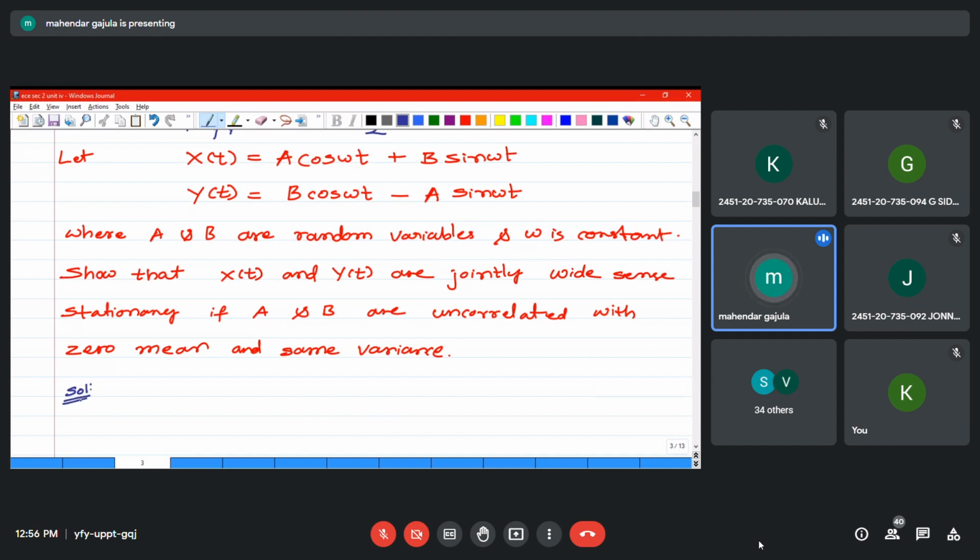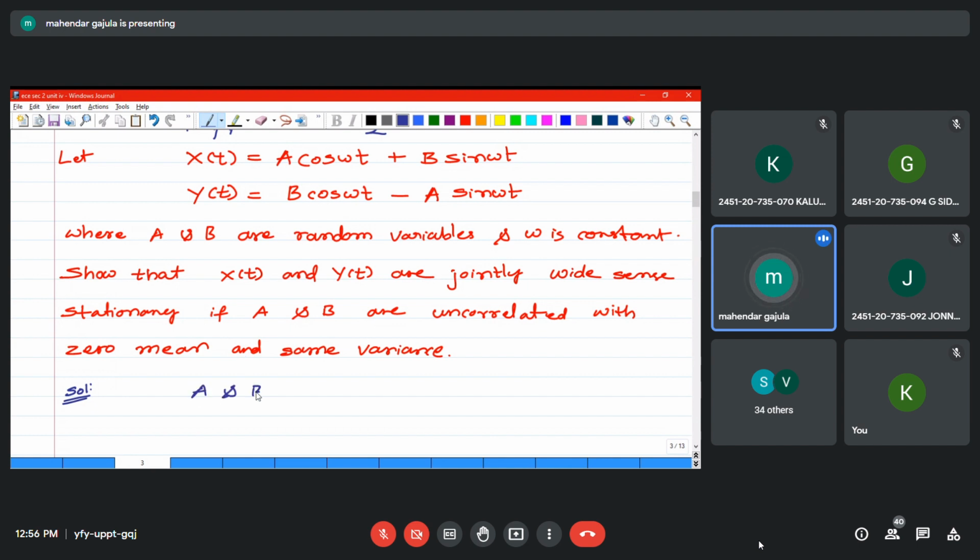In that, a and b are random variables, omega is constant. We should prove that xt and yt are jointly wide sense stationary random processes. The given conditions are a and b are uncorrelated with zero mean and same variance. Okay, so let us write the given data.